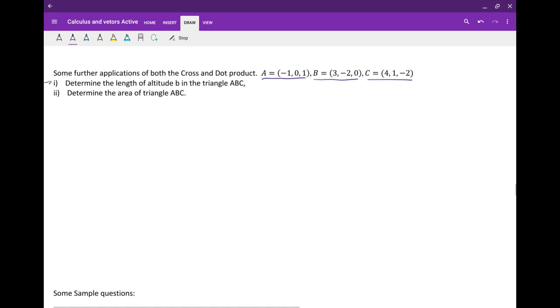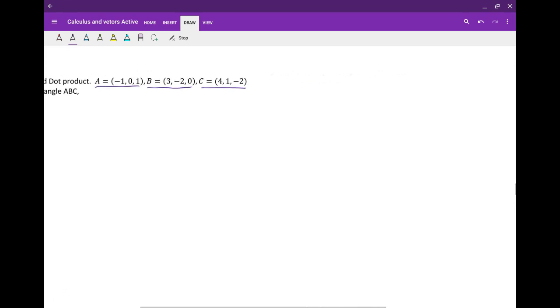Well, I will actually make one drawing. Here's my triangle ABC. I'm going to put B here, A there, and C there.